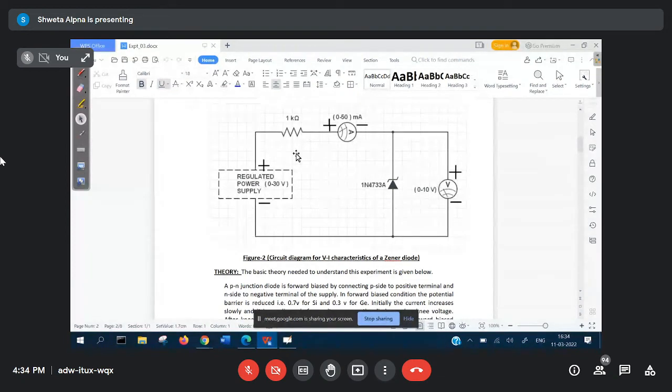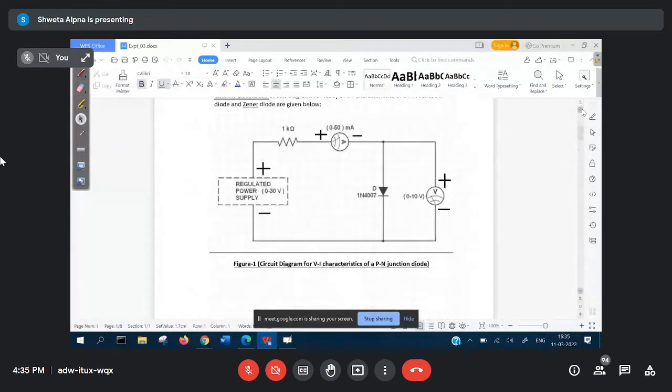In Tinkercad also, in the same circuit, you just remove the PN junction diode, drag and drop the Zener diode and connect it in reverse bias, with the negative part up and the positive part down. The rest everything will be the same.